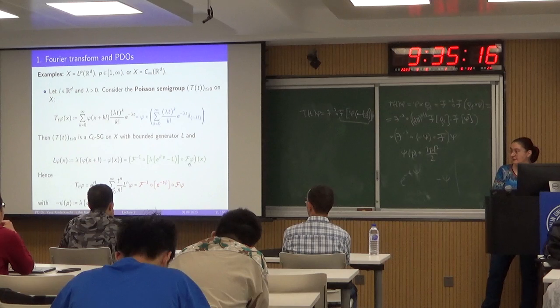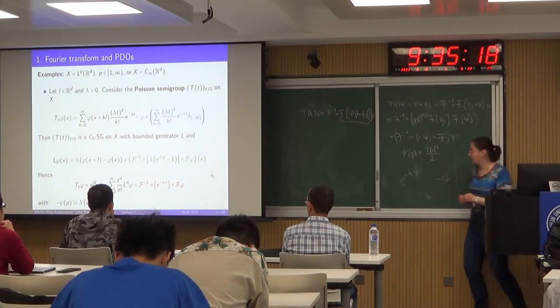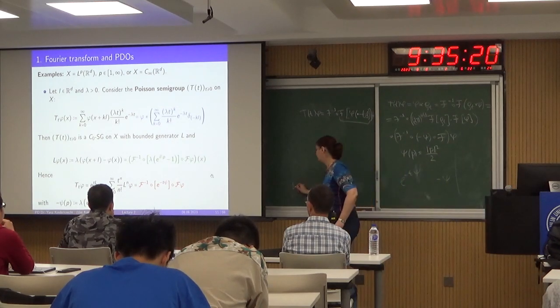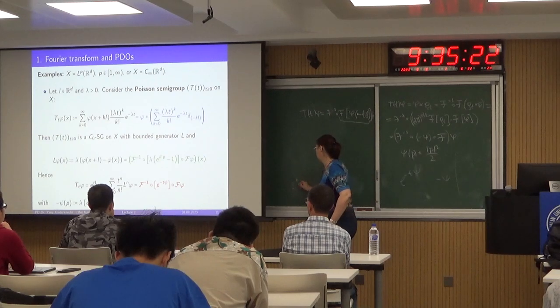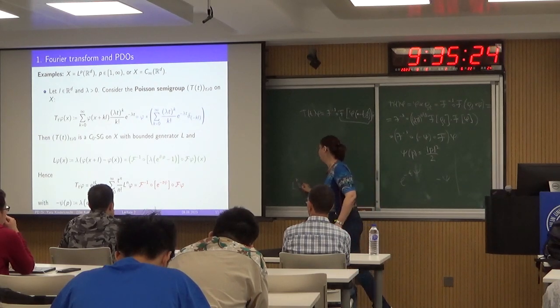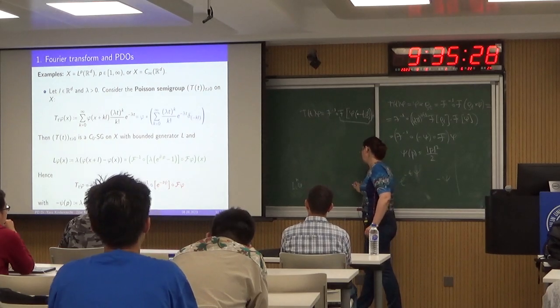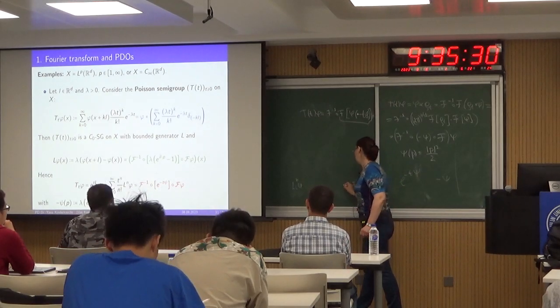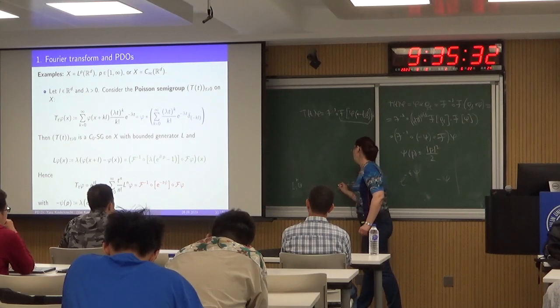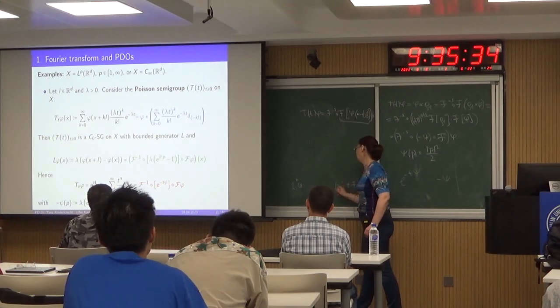So how does it work? L to the power n: we take phi, we first apply L. This is Fourier transform, multiplied with the symbol and composed with the inverse Fourier transform.